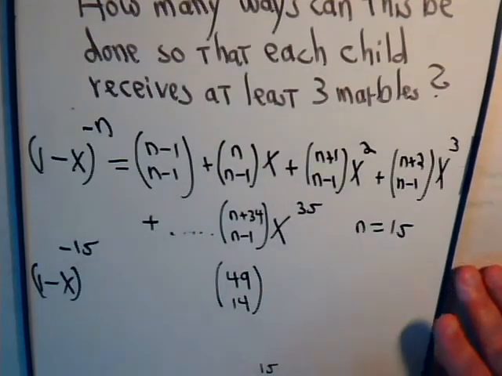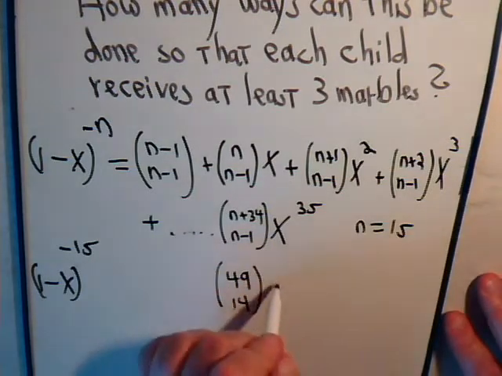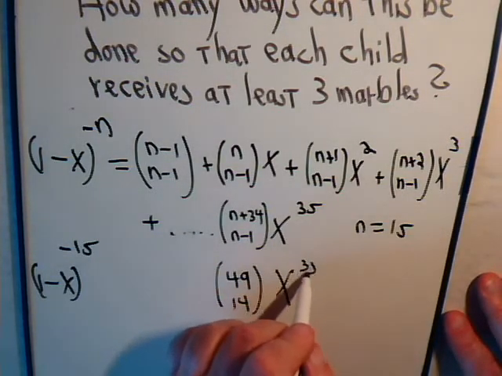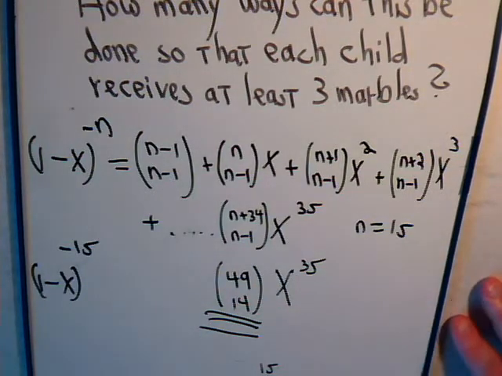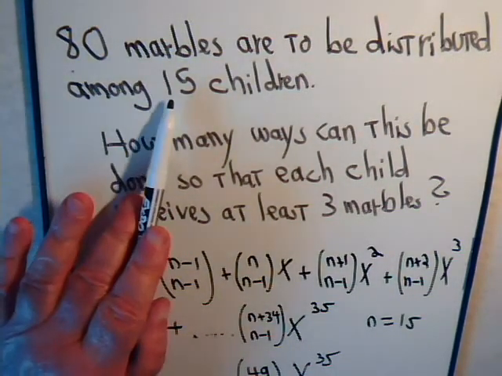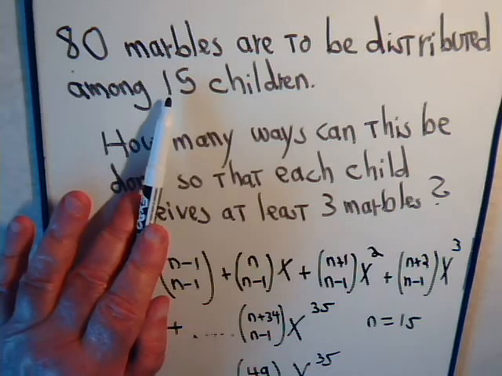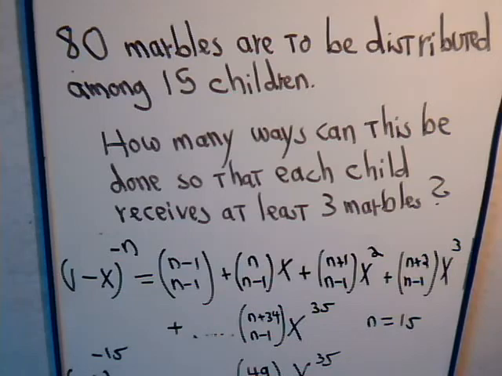So this binomial coefficient is the coefficient of x to the 35th. When we figure this out, that will give us the number of ways that 80 marbles can be distributed amongst 15 children, and each child receives at least 3 marbles.